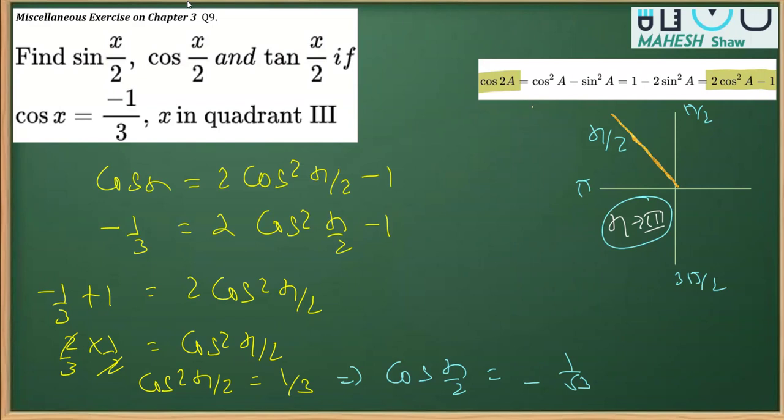Once we are done with cos x by 2, we have to get sin x by 2 and tan x by 2.